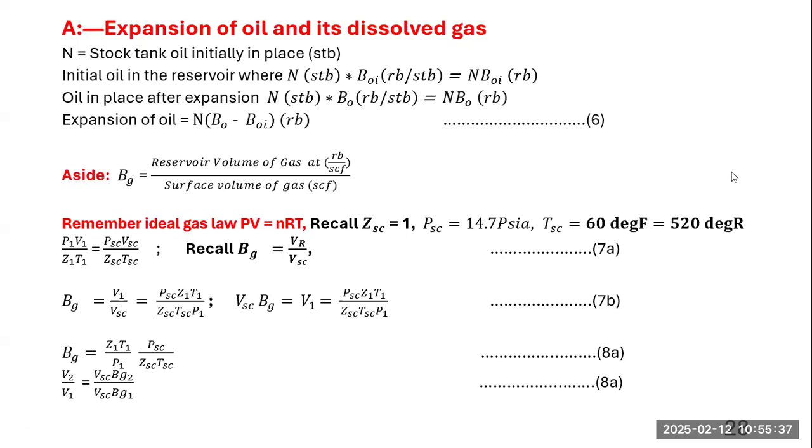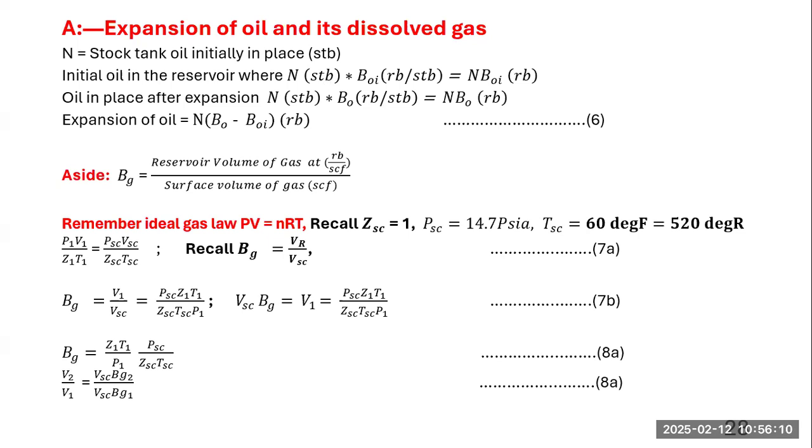Okay, so let's go to the derivation of our A. A is the expansion of oil and its dissolved gas. Your N is the stock tank oil initially in place in STB. Then your initial oil in the reservoir, converting it to RB, reservoir barrel.